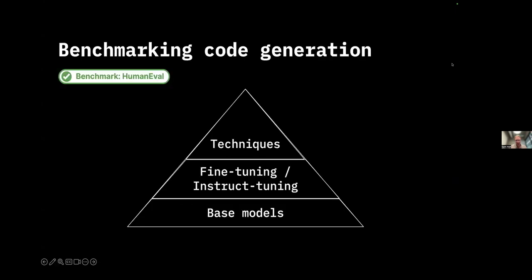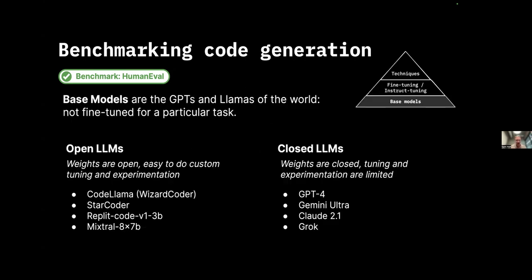So benchmarking code generation, let's start with maybe looking into HumanEval. And we'll go from base models, and then we'll go to fine-tuning, instruction tuning, and then we'll go to techniques on how to improve a base LLM in an LLM-agnostic framework like L2MAC or other variations. So base models are the ChatGPT or the GPTs of the world or Llamas of the world. And really, they're not fine-tuned for a particular task.